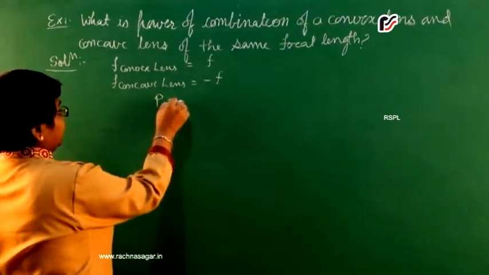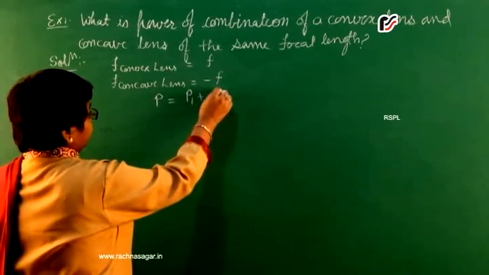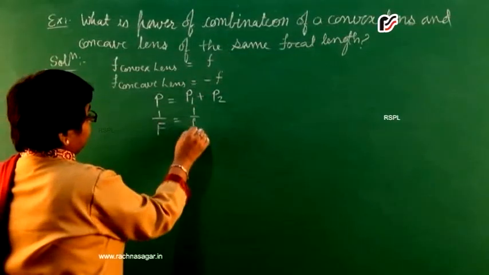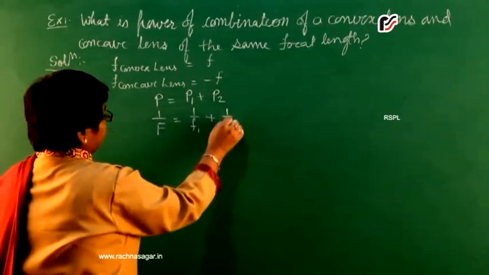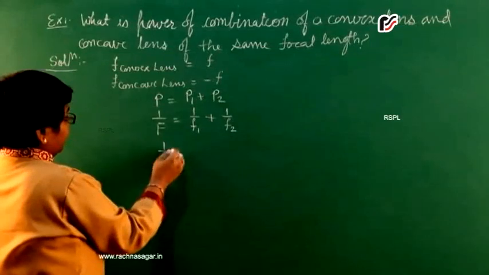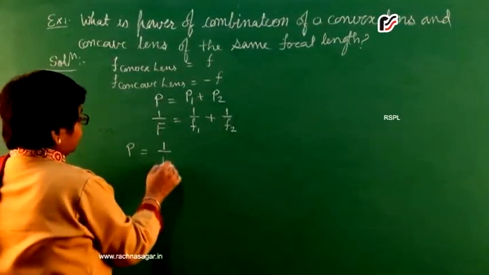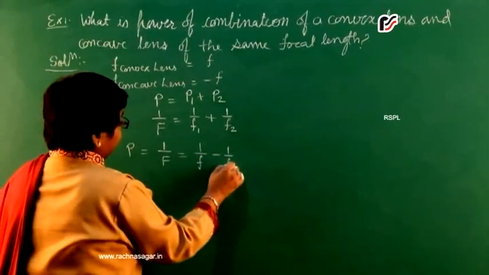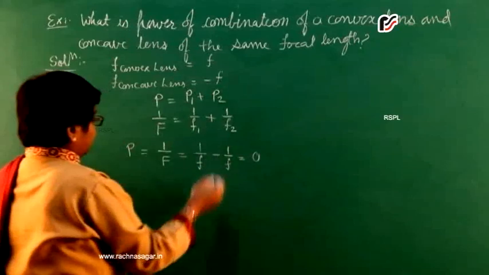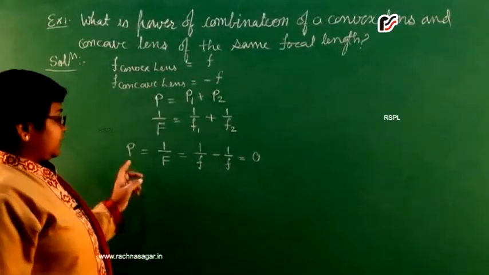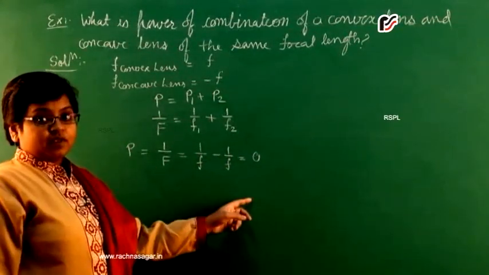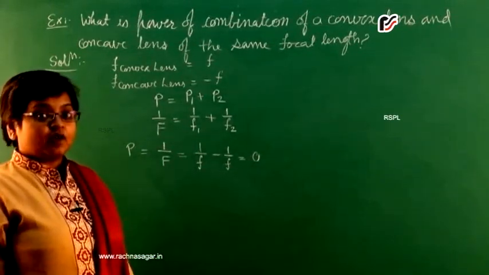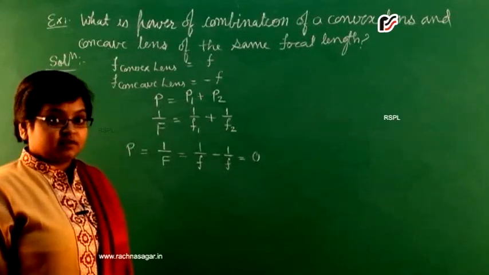We know the combination power is P1 plus P2, that is 1 by f = 1 by f1 plus 1 by f2. P equals 1 by f minus 1 by f, that is 0. That is, the power is 0. The power of this combination of lenses becomes 0. It indicates that the combination behaves like a plain glass sheet.